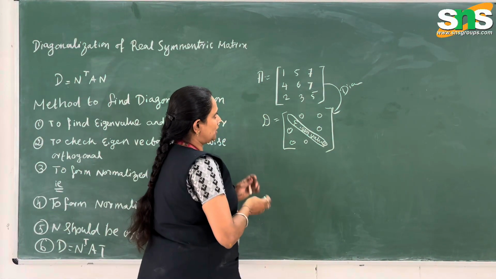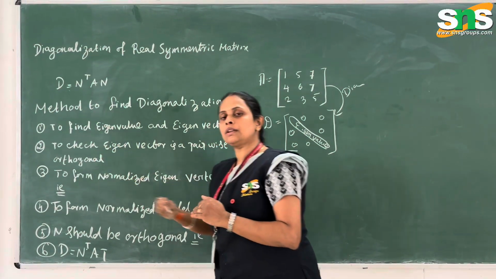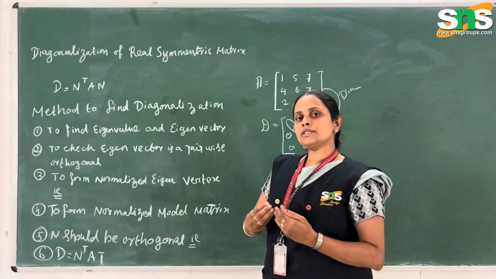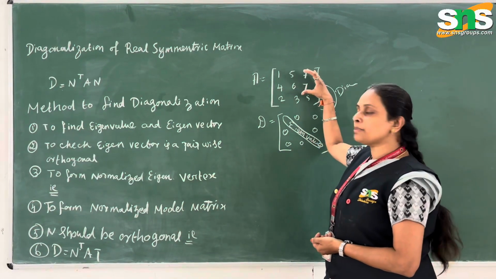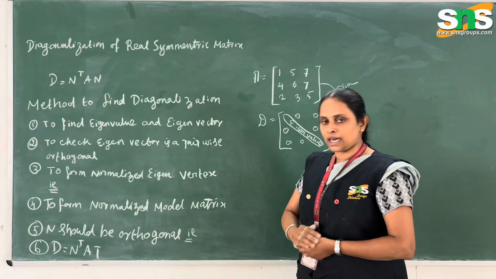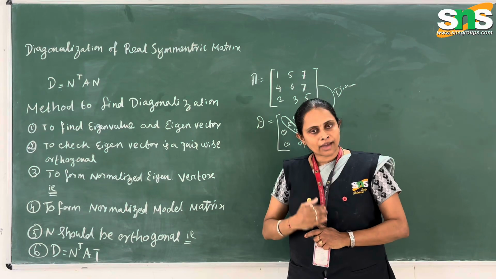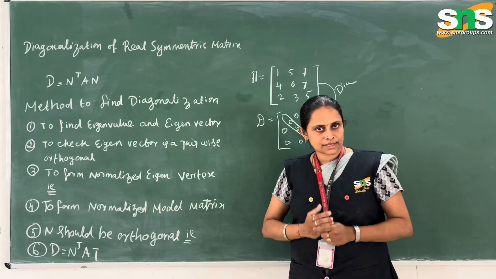So in this process of diagonalization, let us see what the steps are. The first step is to find the eigenvalues and eigenvectors of the matrix. How can we find the eigenvalues? First we have to find the characteristic equation.